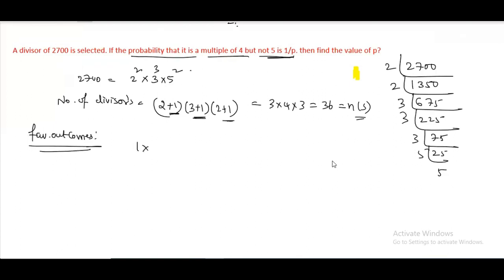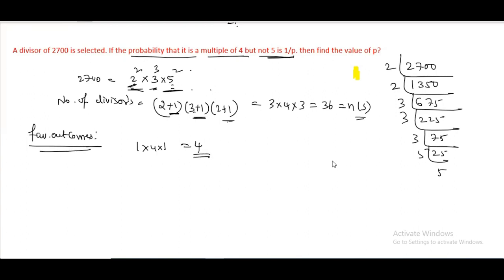So that means 1 into 4 into 1. Because if I select 5 and 2, the combination 5 into 2 is 10, which is divisible by 5. Even if I select a single 5, that is divisible by 5. So that's why we should not select this. This can be done in only one way. This can be in 3 plus 1 ways, and this is one way. In total, 4 ways we can select the favorable outcomes.